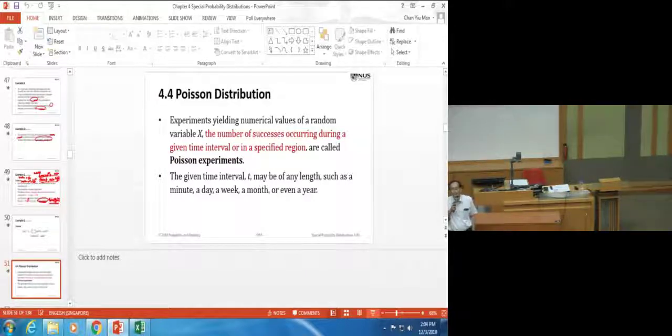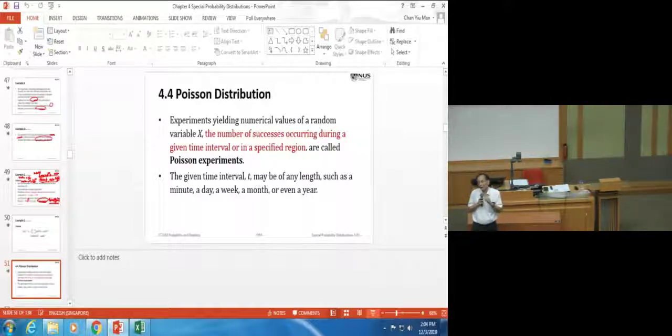So yesterday we talked about some special distributions for discrete random variables. Basically what we're interested in is the number of successes in n dichotomous trials.